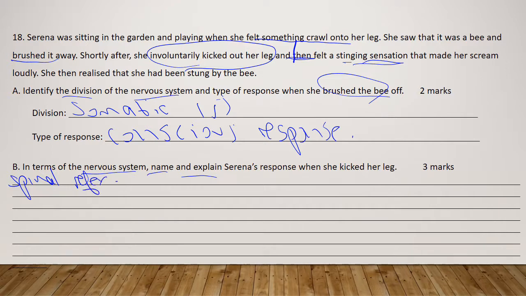What I would encourage you to do is think of each point like a neuron that is involved, okay? So we've got sensory, inter, and motor.